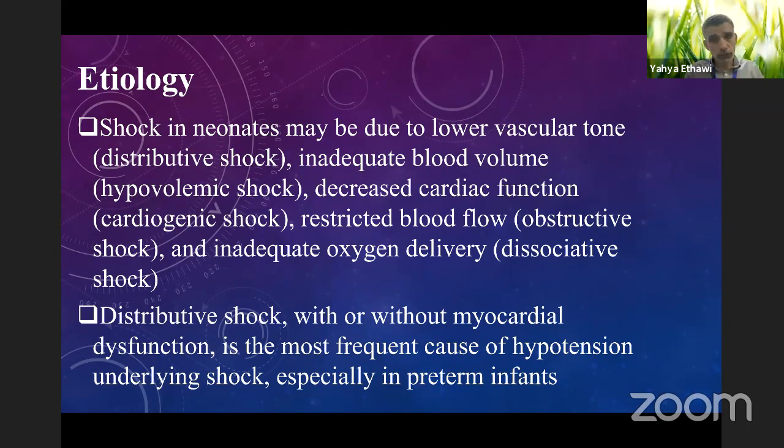Now, the etiologies are various, but in general, it's because you have a pump, which is the heart, peripheral blood vessels, and content. So either all are failing or one of them is failing. One of the important factors in premature babies is loss of vascular tone, or what we call distributive shock.